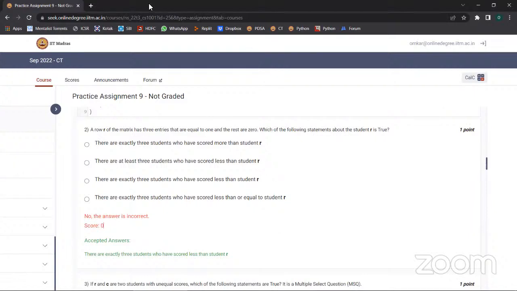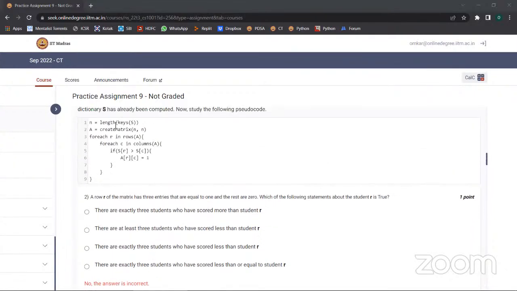Who was that? Kajari, right? Yes. So Kajari, listen to this. Forget about this option. After reading this statement, what is your understanding? There are 3 students who got lesser marks than R. That is why the R row has 3 ones in it.